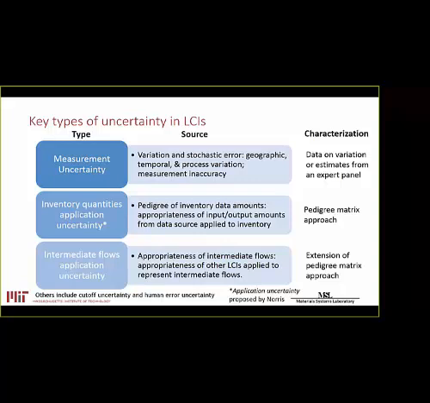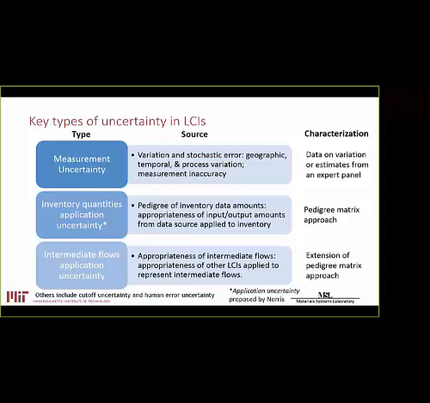But there's also what we call intermediate flows application uncertainty. This applies to unit processes where you're looking at how appropriate a particular intermediate flow is to the particular application. For example, if I said 11 kilowatt hours of electricity, but that electricity is for a particular grid.